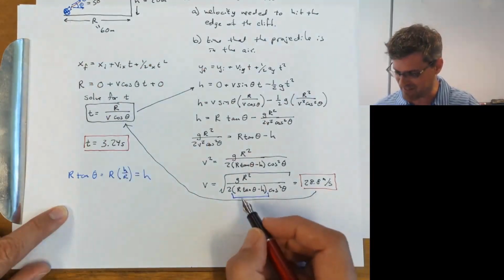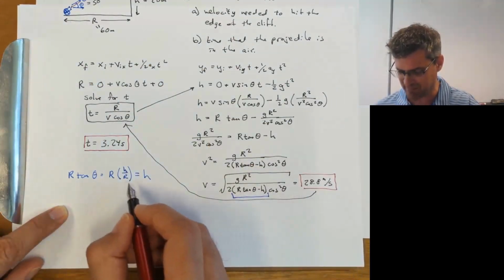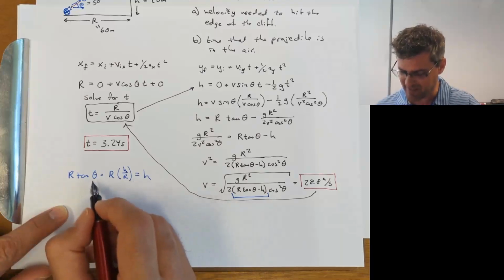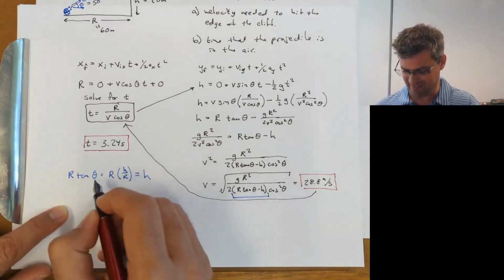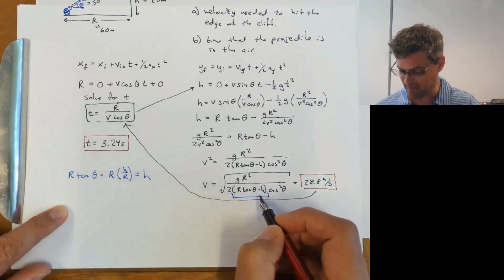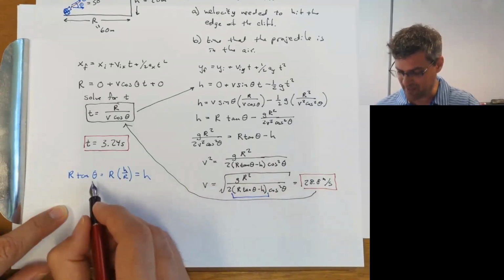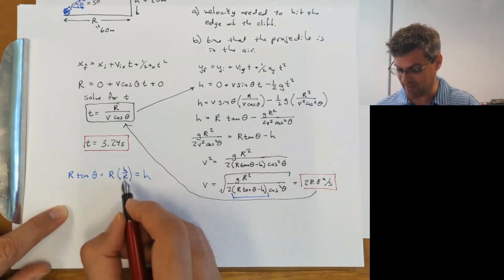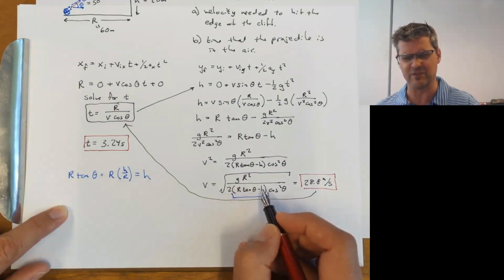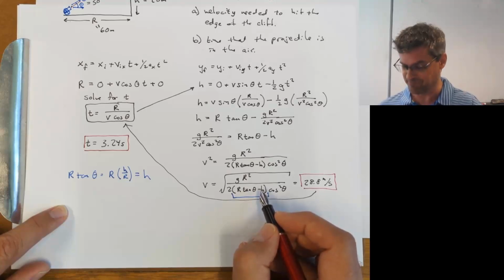This is the theta that's going to lead to potentially problematic behavior. But if my theta is not at least h over r, I can't solve the problem. If the tangent of theta is h over r, we get a 0 in the denominator, which is problematic, but at least it's a real problem and not an imaginary problem.